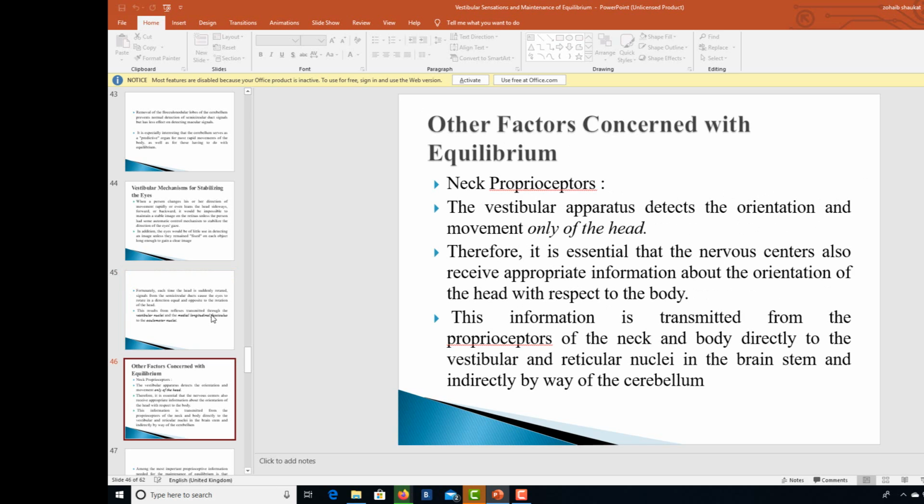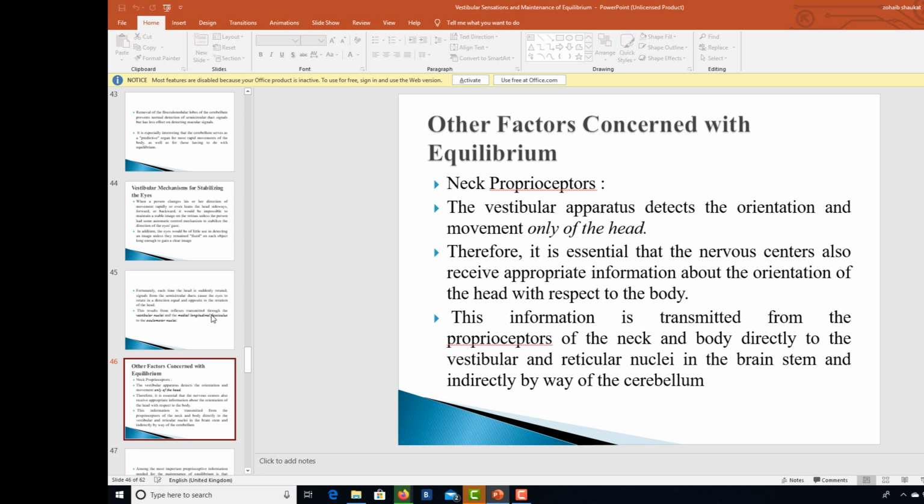There are some other factors concerned with the equilibrium task. And what are they? They are the neck proprioceptors. The vestibular apparatus detects the orientation and movement only of the head.